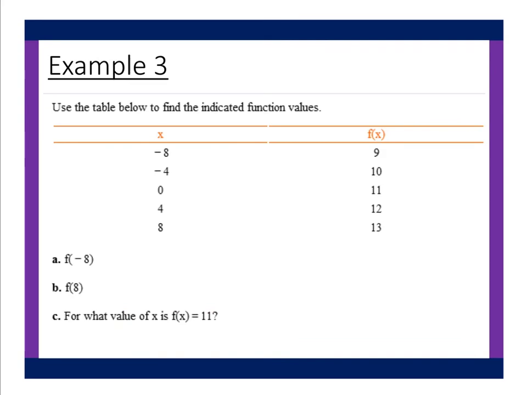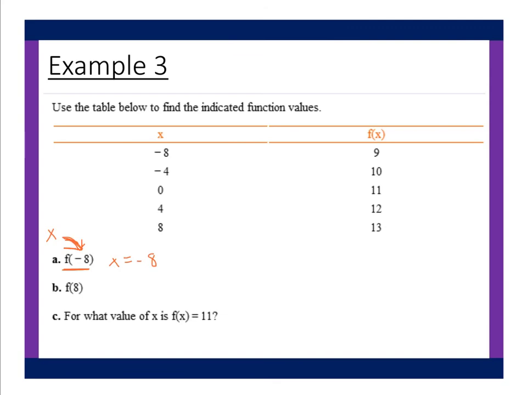The last kind of example we have here, they give us a table of values, and then on A here they ask us what is f of negative 8. Well, what's normally there is an x, f of x. So they're telling us x equals negative 8, and they want to know what goes with that.